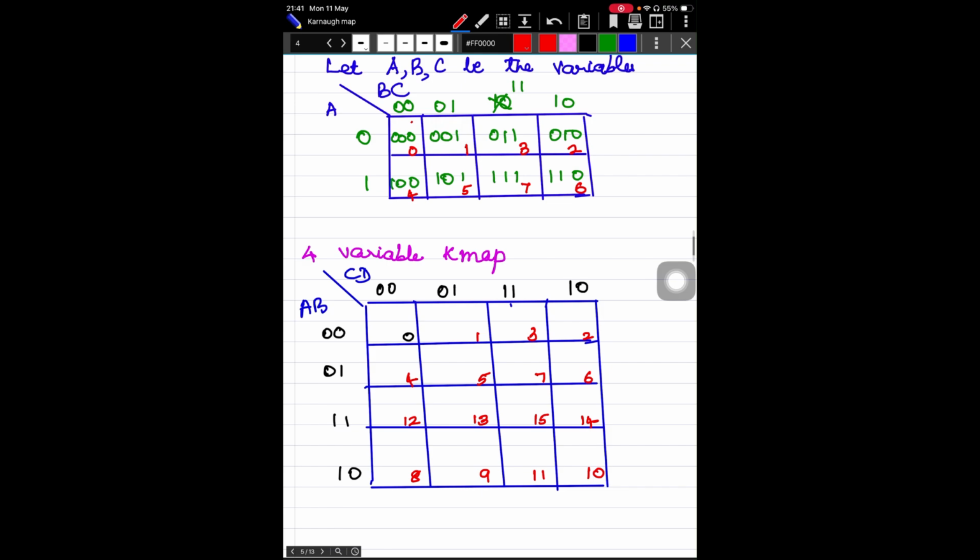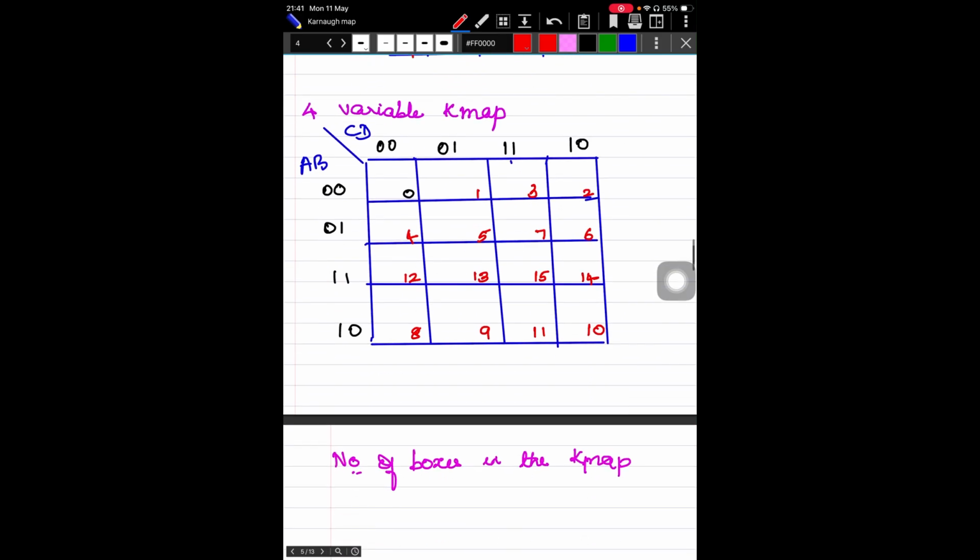If you work it out, you can understand how we have got this exactly as in the previous tables.